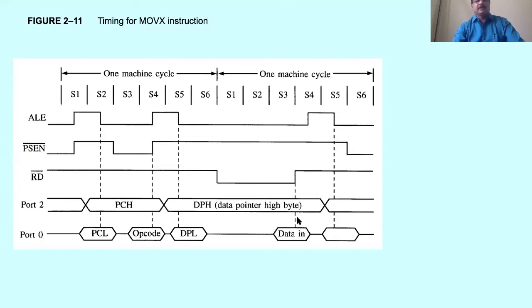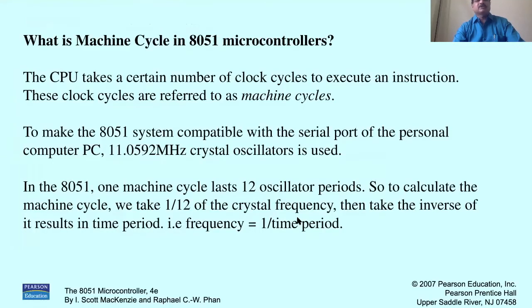Now, while writing programs, you must know how many machine cycles are required for a particular instruction. The machine cycle, which we already discussed, is made up of clock cycles, 12 clock cycles that constitute one machine cycle.